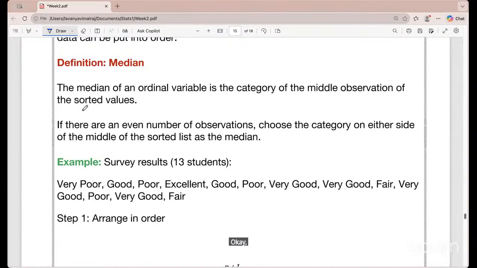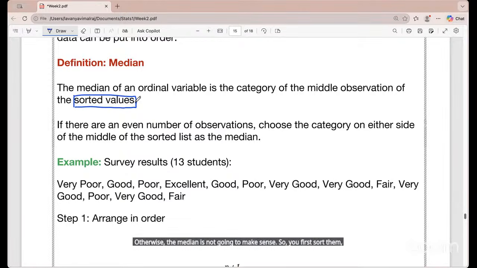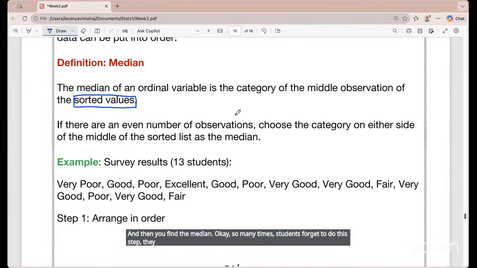Once you sort, so this is very important. Only after sorting can you find the median. Otherwise, the median is not going to make sense. So you first sort them and then you find the median. Many times students forget to do this step. They just straight away look at the position and write the answer. Sorting is a very important step.